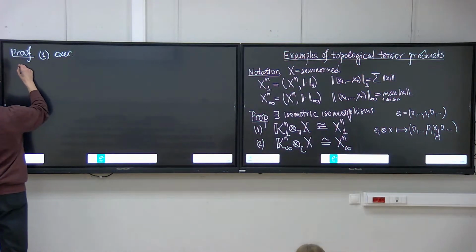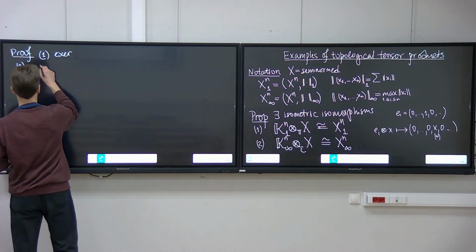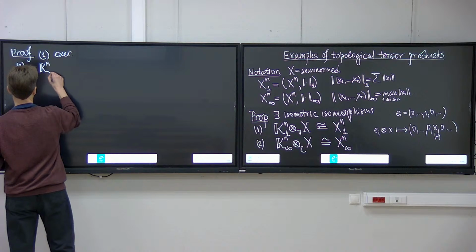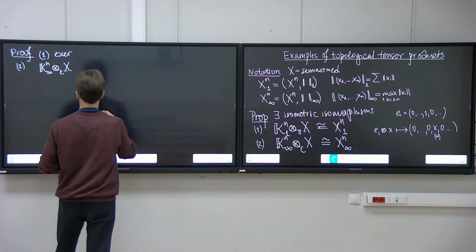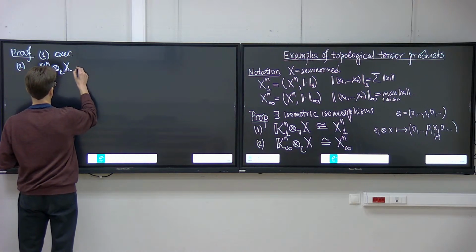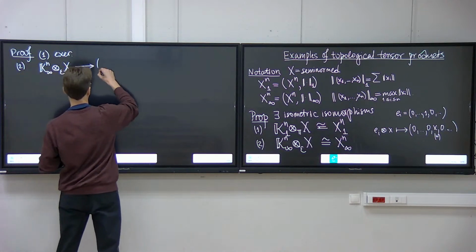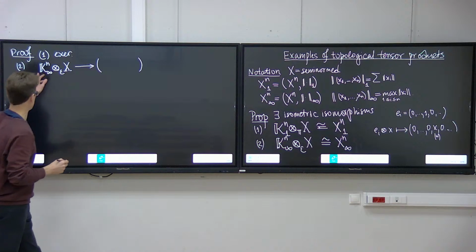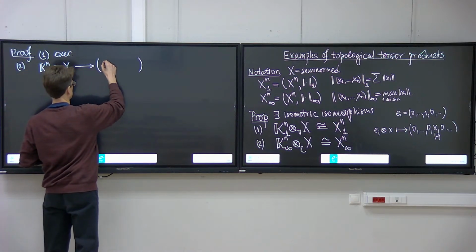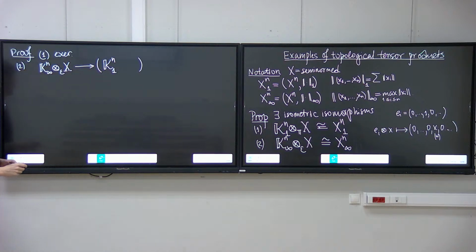To prove the second isomorphism, it is convenient to use a duality argument. We take our space, and as before, we construct an isometry from the space to the dual of the projective tensor product of the duals. But what is the dual of K^n infinity? The dual of K^n infinity is easily seen to be K^n_1. This is the finite dimensional case of the usual duality between L1 and L infinity.